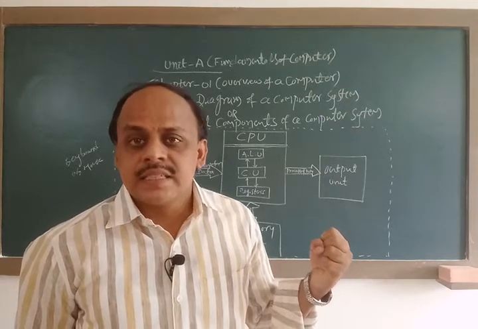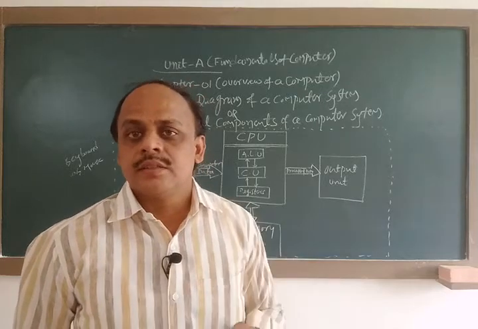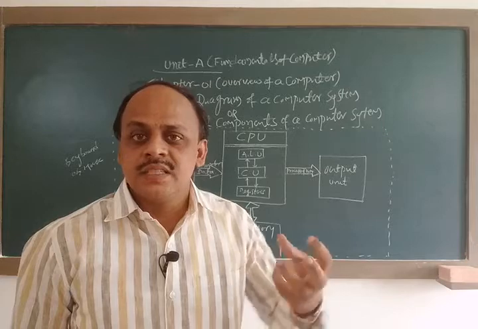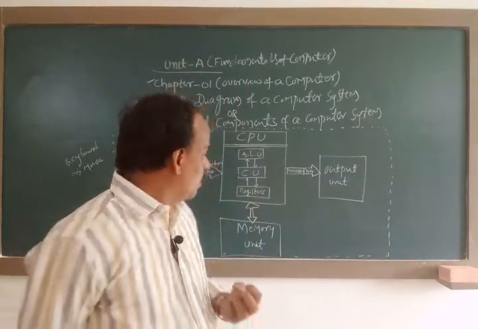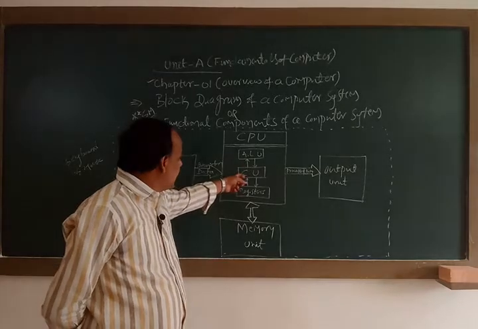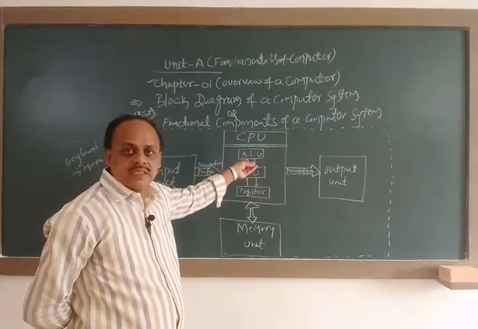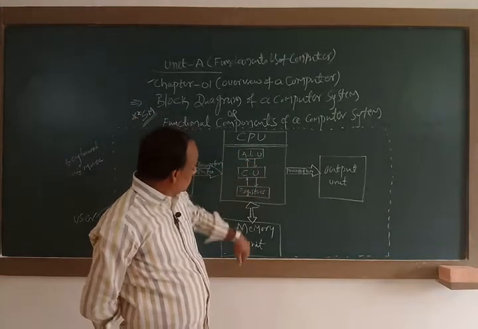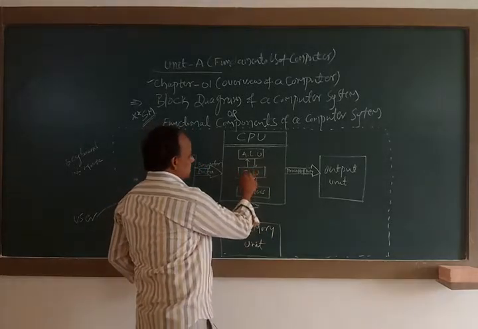It acts as a class leader or class monitor. What is the role of a class leader or class monitor? He is going to monitor the class, right? In such a way, the CU decides where this binary form data has to go next. Whether it has to go to ALU or register or memory or output, that is taken care of by this CU.